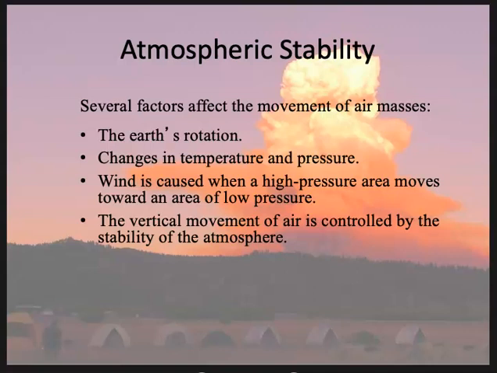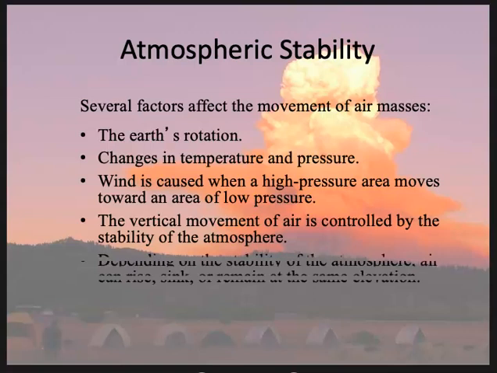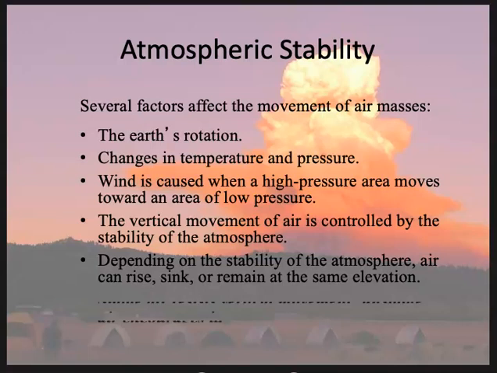The vertical movement of air now is going to be controlled by the stability of the atmosphere. It's going to have an enormous effect on our fires, but depending on the stability of the atmosphere, air can either rise, sink, or just lay there, like fog, right? It just remains the same.